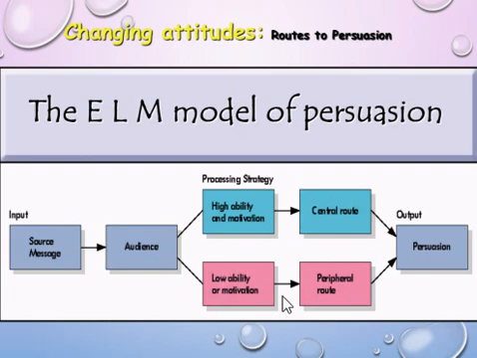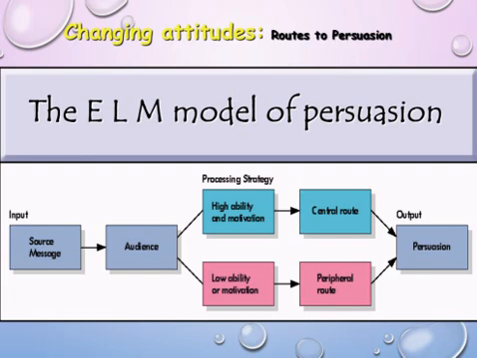And if they have low ability or somehow they have low motivation, then we talk to the feelings, to the emotions. Sometimes fear sells. And the result will be the persuasion. I want you to remember what we said: central route persuasion leads to more elaboration of the message, and of course it's a more enduring attitude change than the peripheral route.